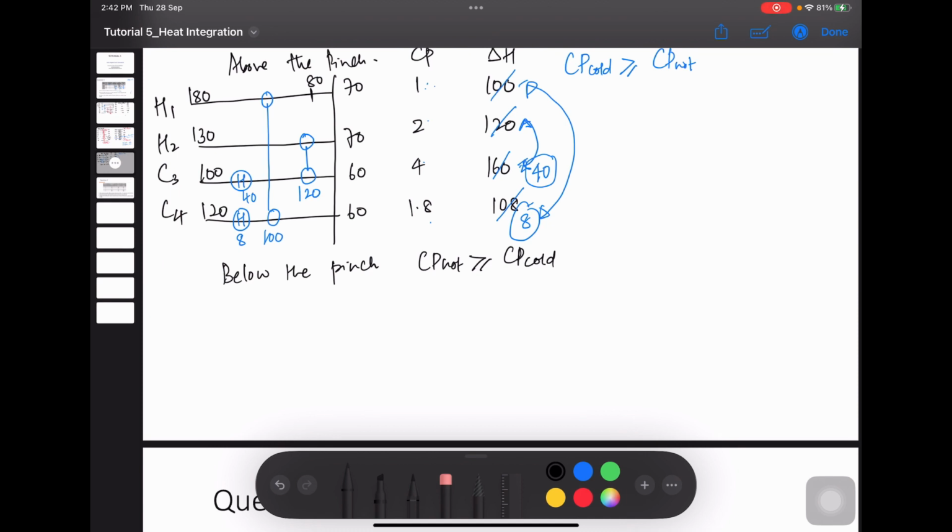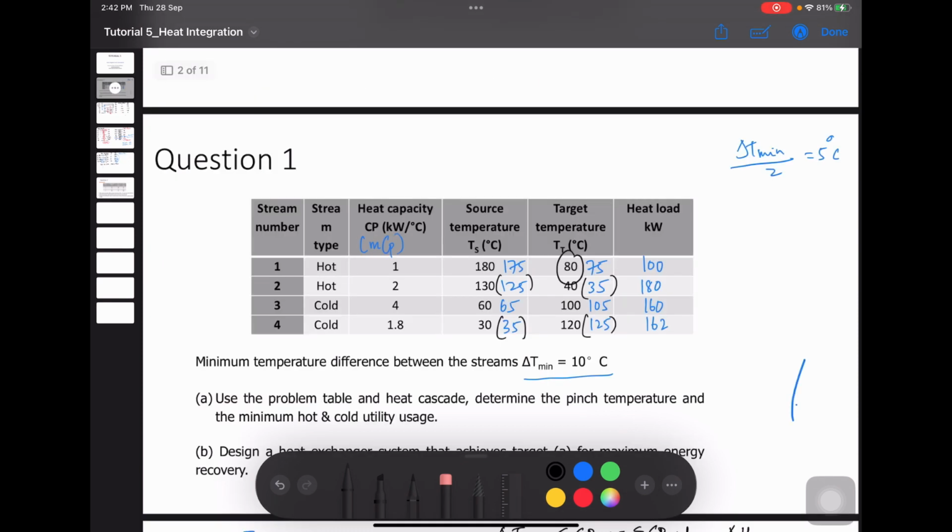If you look at the table again, our stream 4 is the cold stream, so it needs to be heated up from 30 to 120, right? And then stream 3 is from 60, and 60 was our pinch temperature, so we have already done this job in our above the pinch.